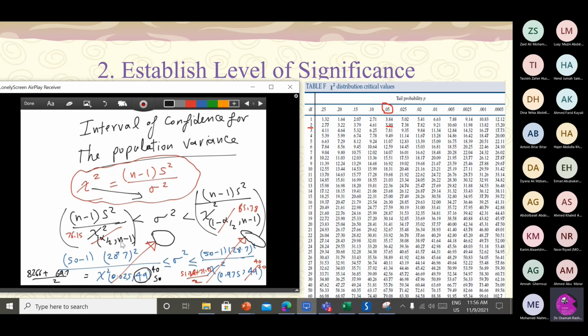No, I mean the alpha. Doctor, shouldn't it be alpha over 2, 0.025? Yes, we took 0.0025. Why is that? No, this is a mistake. Sorry. I'm writing it down here. 0.025. Where is 0.025? This is the one.